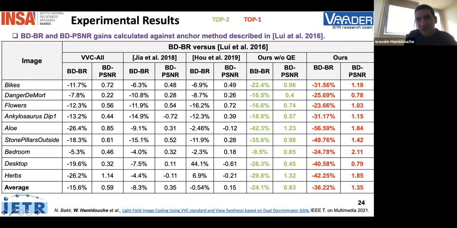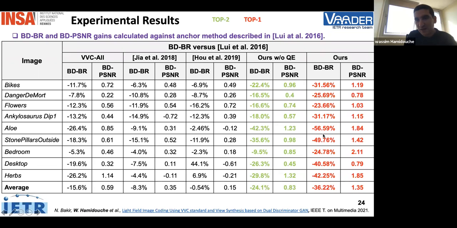We can see here the top 1 scores are represented in red color, which are given by our solution with quality enhancement, and the top 2 scores are given by our solution without quality enhancement.